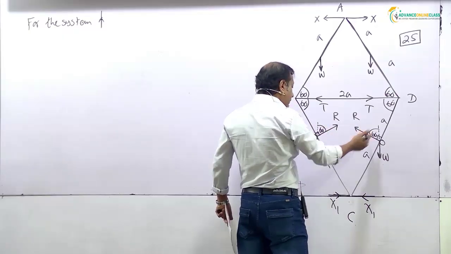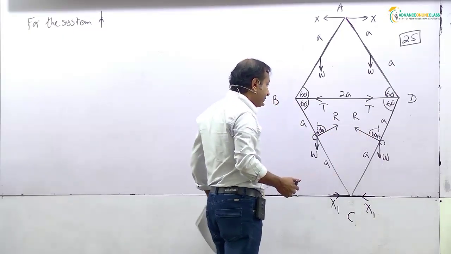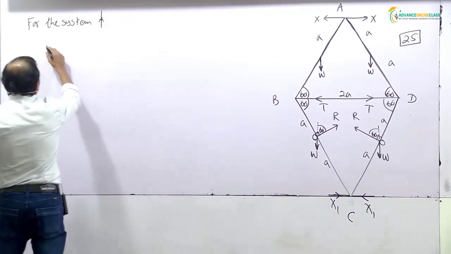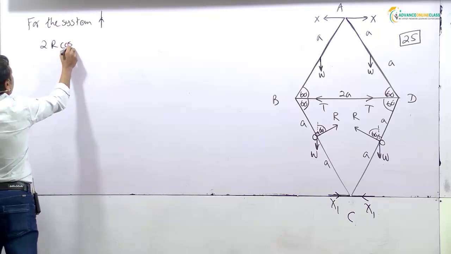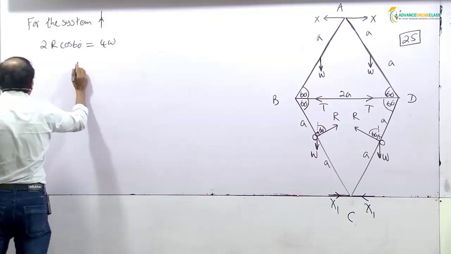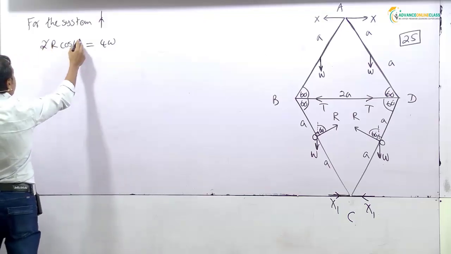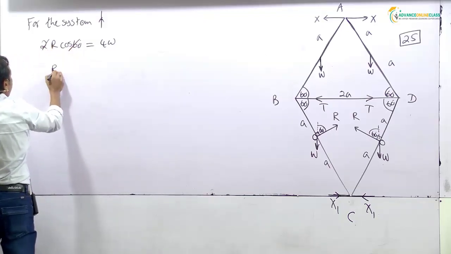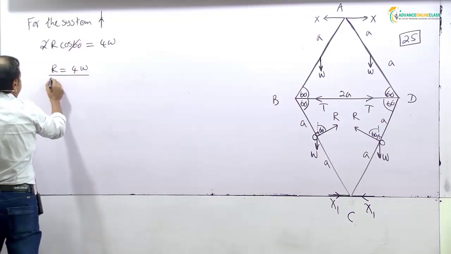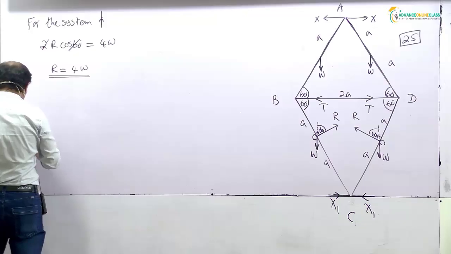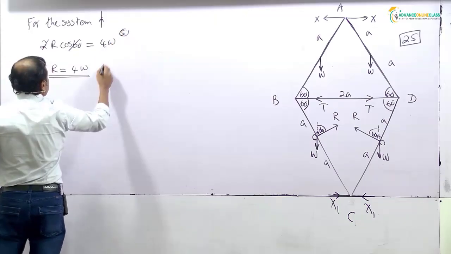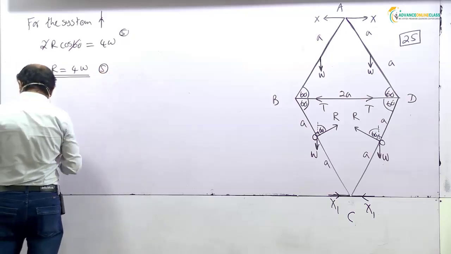R cos 60, R cos 60, so 2R cos 60 upwards, downwards 4W. 2R cos 60 equals 4W. Cos 60 is half, this and this we can cancel down, R equals 4W. Here 5 marks for the answer.